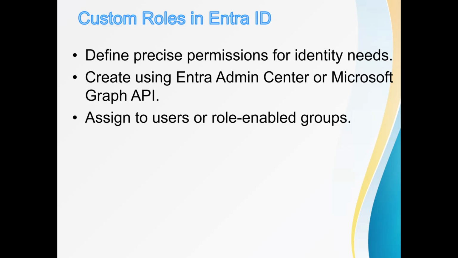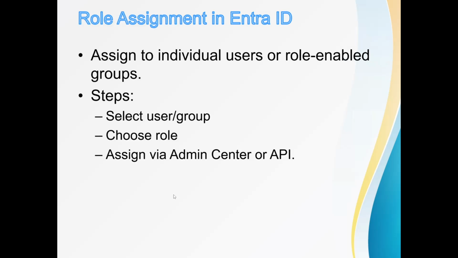That role we will be able to assign to users or role enabled groups. This role assignment in Entra ID can be made to individual users or role enabled groups.